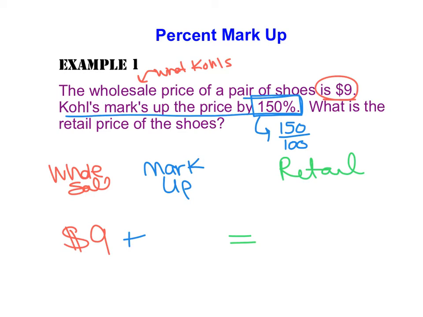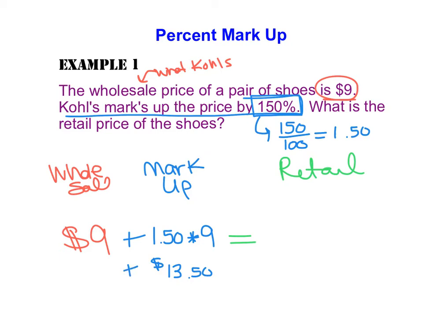If we divide 150 by 100, what you'll find in your calculator is that equals 1.5. So we're going to take 1.5, which is 150% written as a decimal, and multiply it by $9. If we multiply 1.5 by 9, we end up with $13.50.